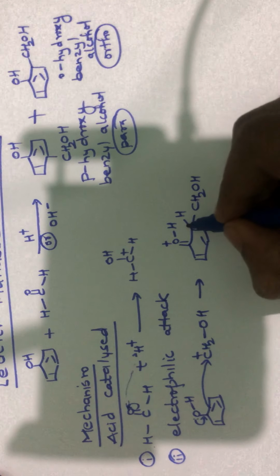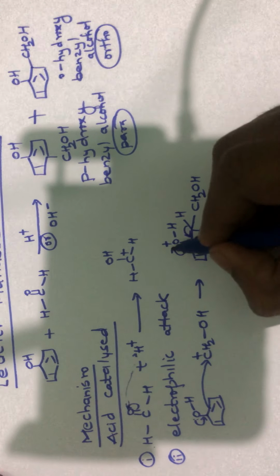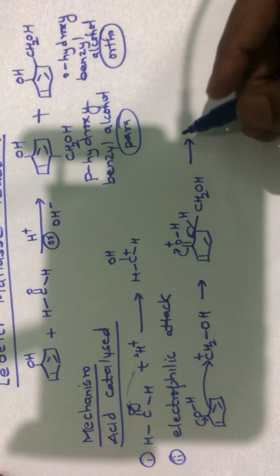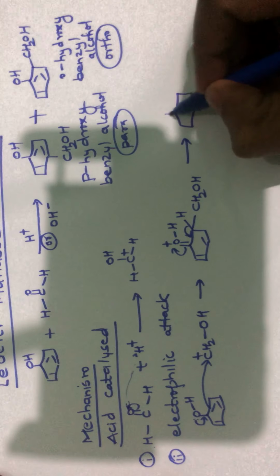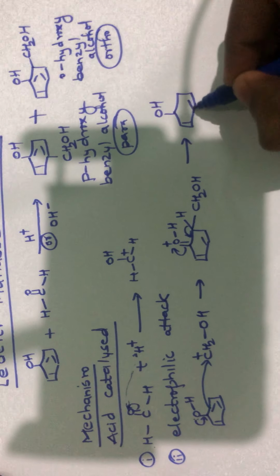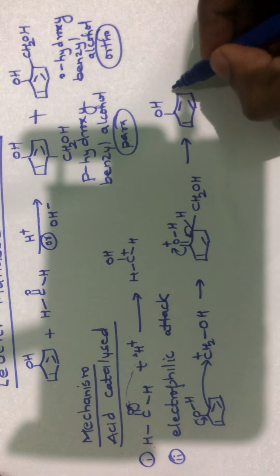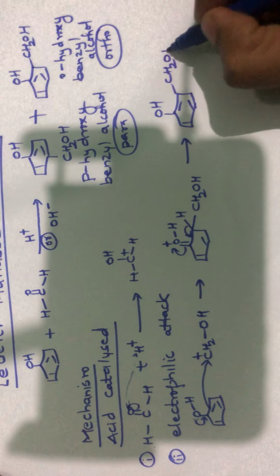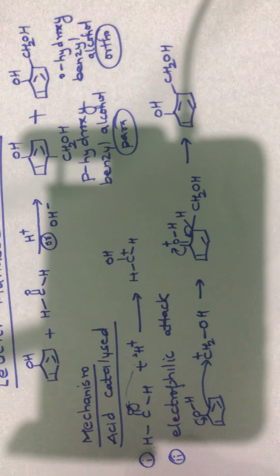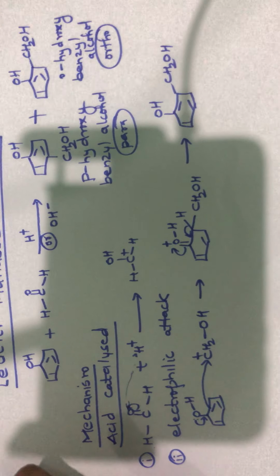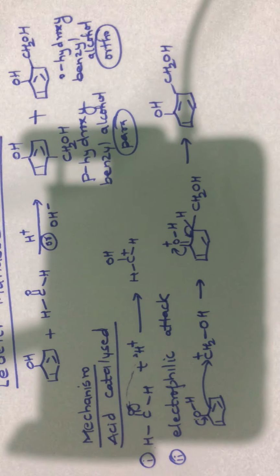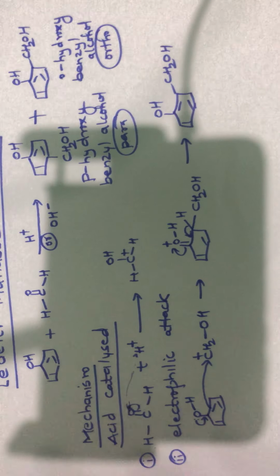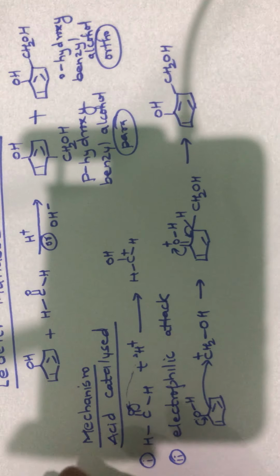Then loss of this takes place. OH, CH2OH. So ortho-hydroxy phenyl benzyl alcohol is what you get. So this is the acid catalyzed mechanism. This mechanism takes place in presence of an acid.